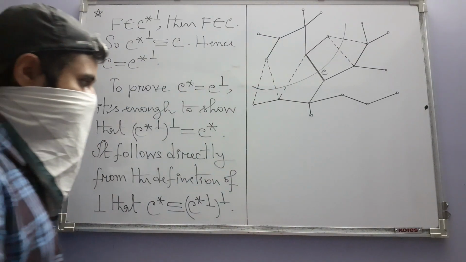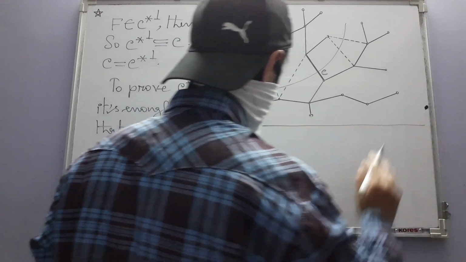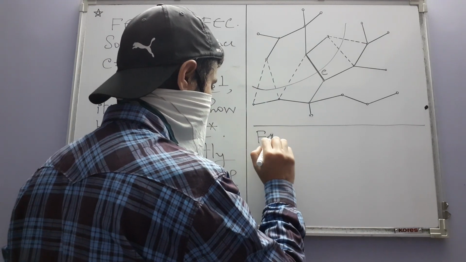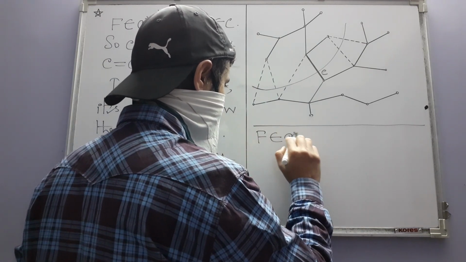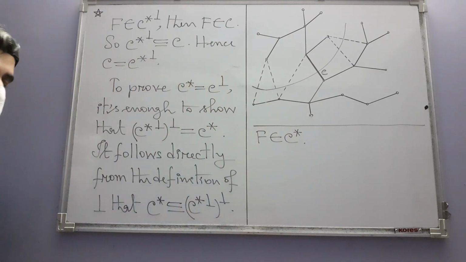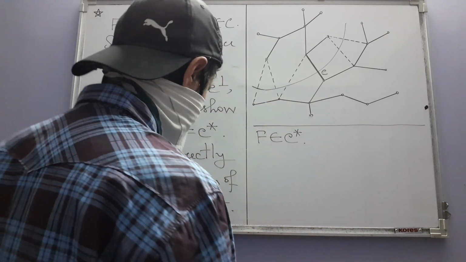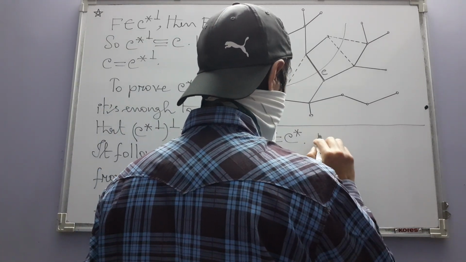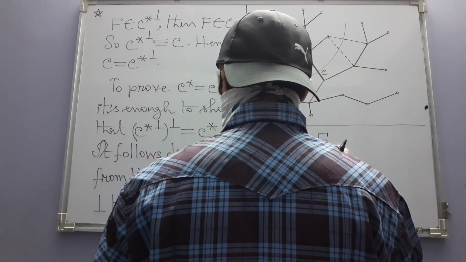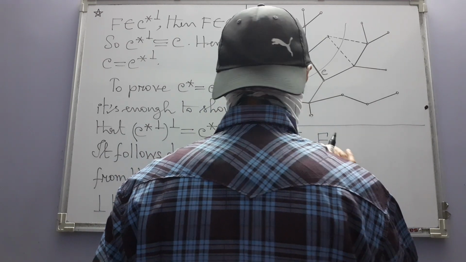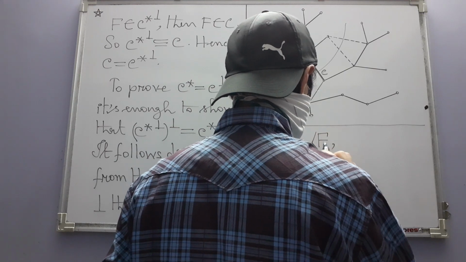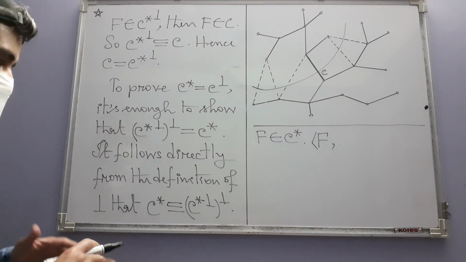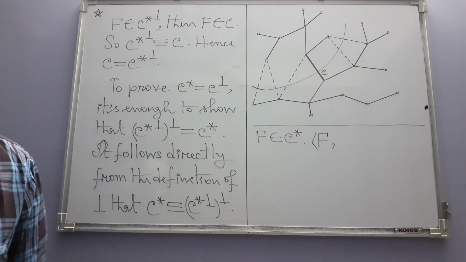So say we take an arbitrary vector here. Say we take f in the cut space of G. Then what do we have to conclude?